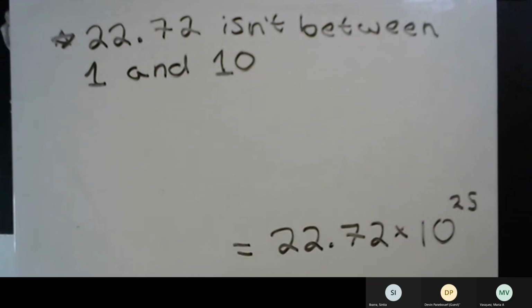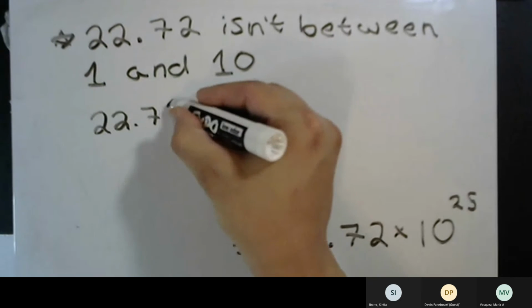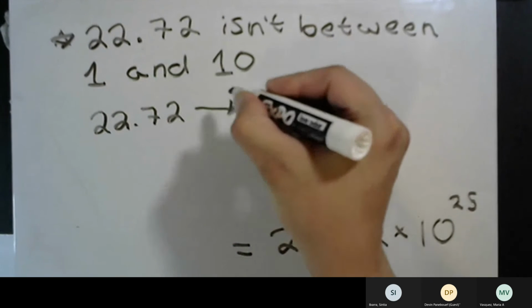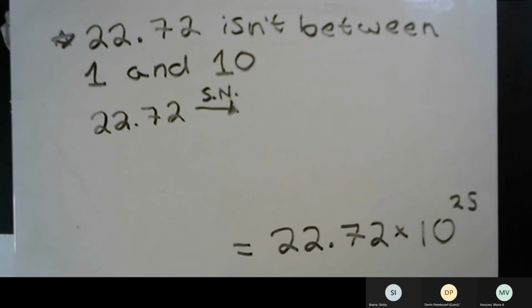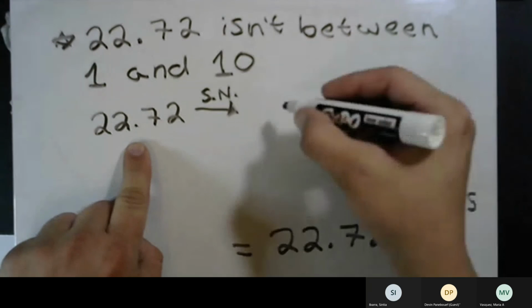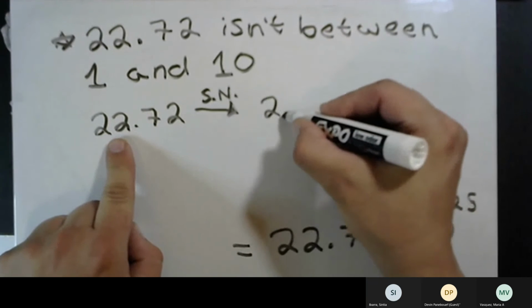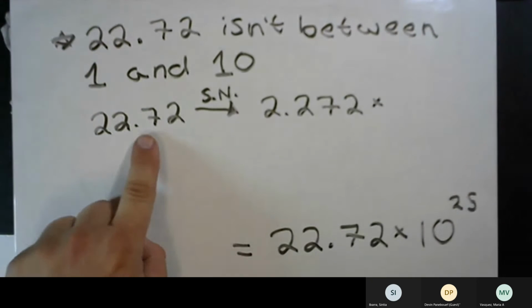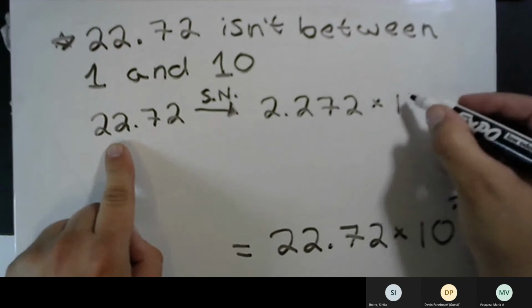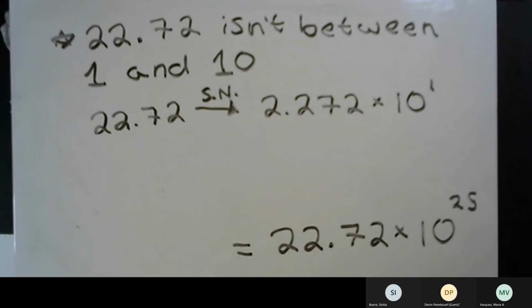So here's a trick you can do. We can put 22.72 into scientific notation. And so since this is a big number, we're going to move the decimal one spot to the left until it's a small enough number. And then the number of times we had to move left, that's the exponent on our 10.